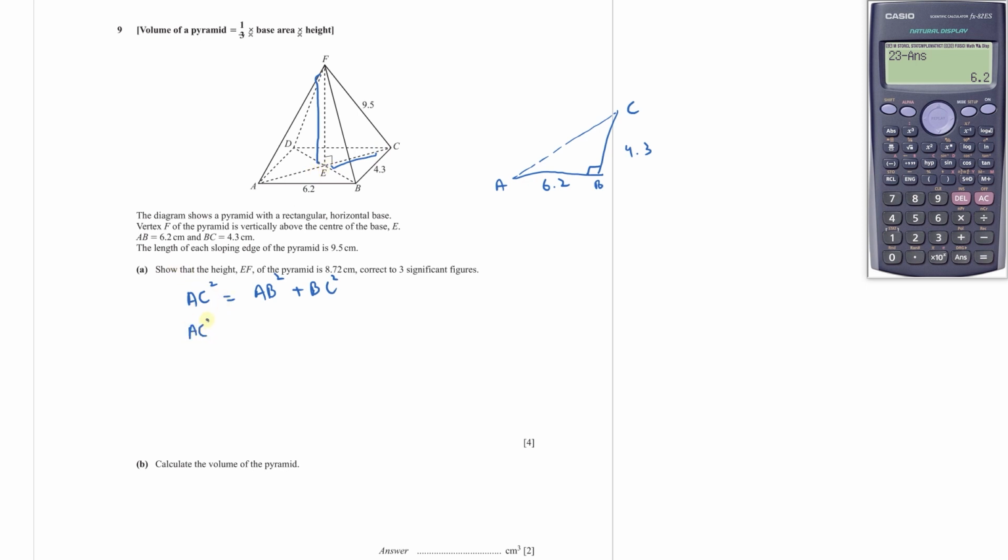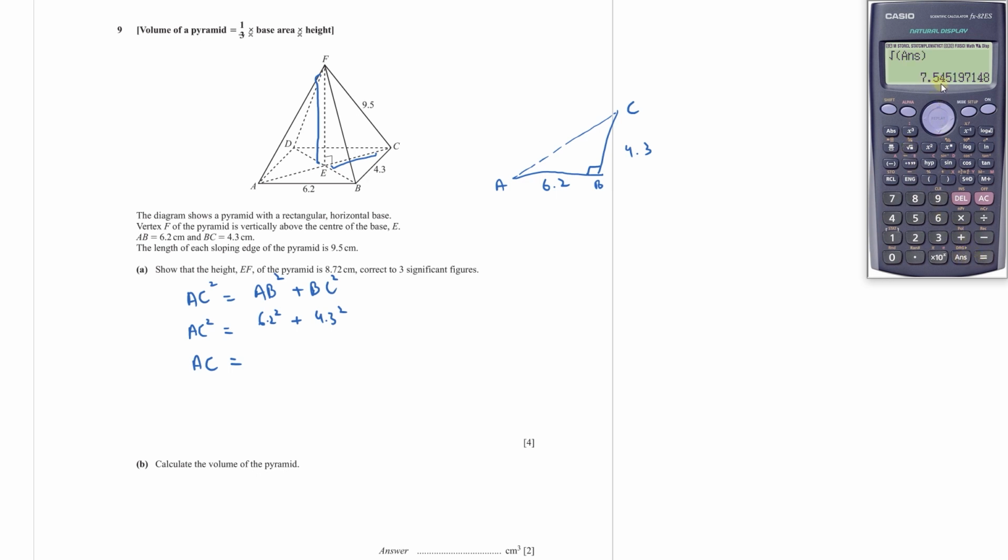So AC square will be 6.2 square plus 4.3 square, and then AC is the square root of this.